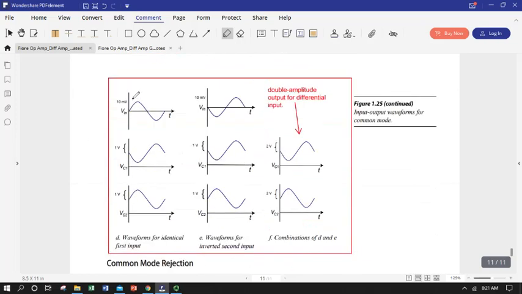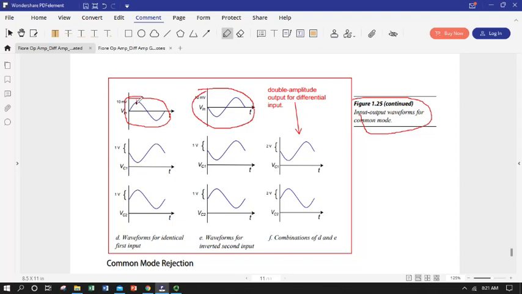And just to make ourselves sure, this is differential mode. If we have two signals that are out of phase, we're going to put an input in on transistor 1, Q1, and we're going to put an out of phase input on transistor 2. See the two inputs here.